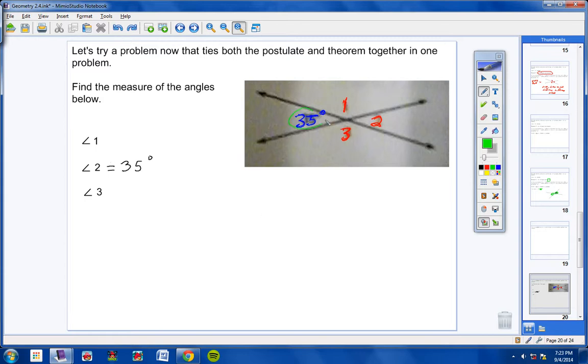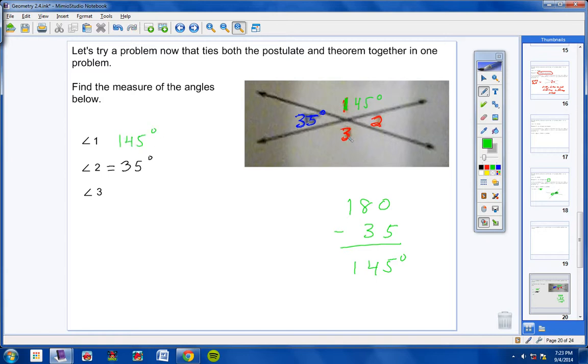So this angle here and this angle here have to add up to 180. So I'm going to take 180 degrees and subtract out 35 degrees, and I'm going to get 145 degrees. So angle number 1 has to be 145 degrees, because this plus this has to add up to 180 degrees. So the measure of angle 1 is 145 degrees.